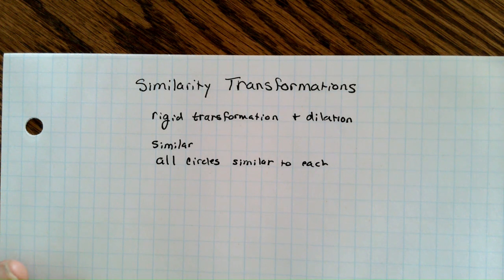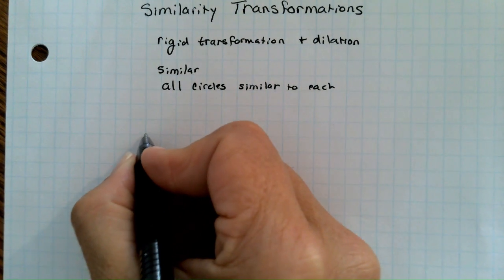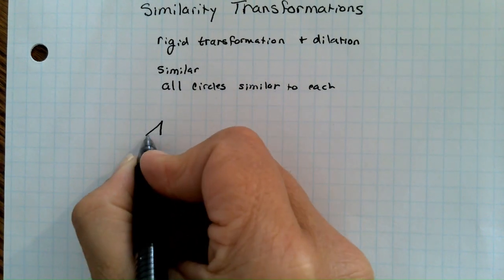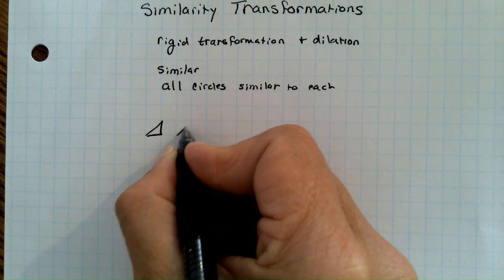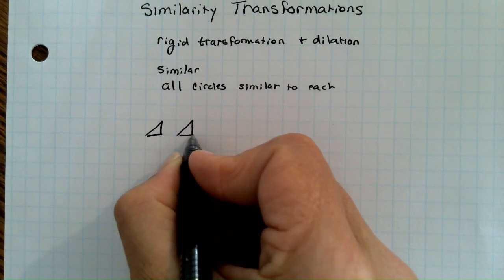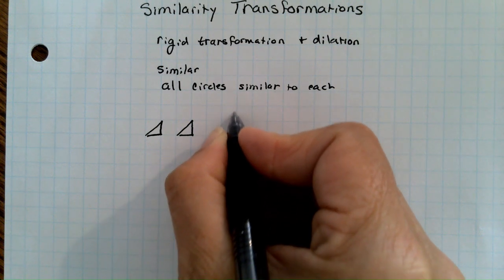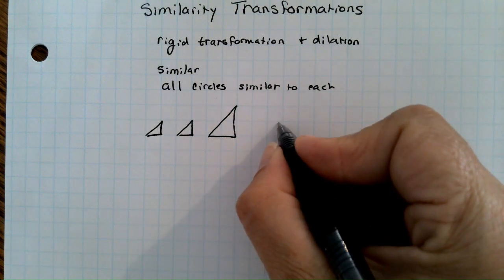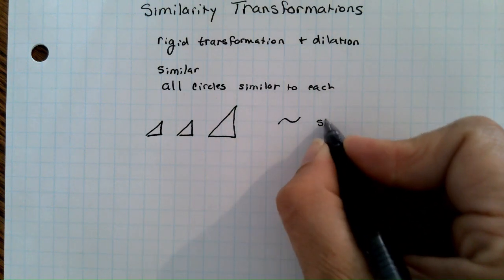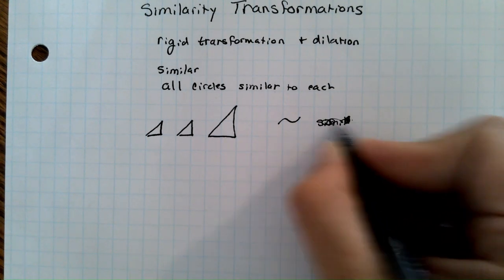Okay, so what you might see is a right triangle, and we might slide it to the side and get a second right triangle, and then we might do a dilation and make it a bigger right triangle. We are going to use this symbol to mean similar. Wow, only one L here.